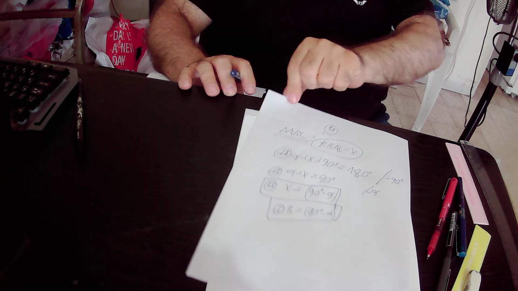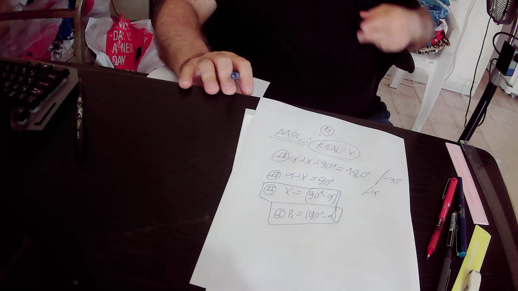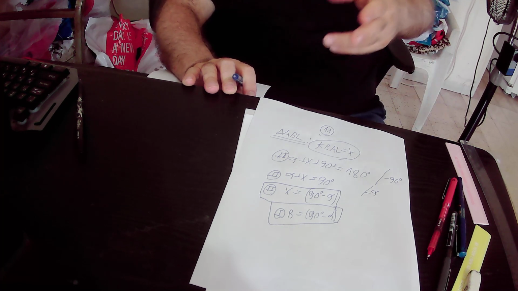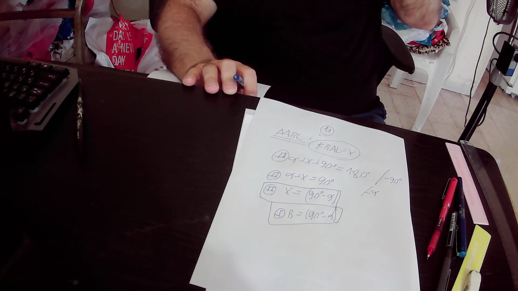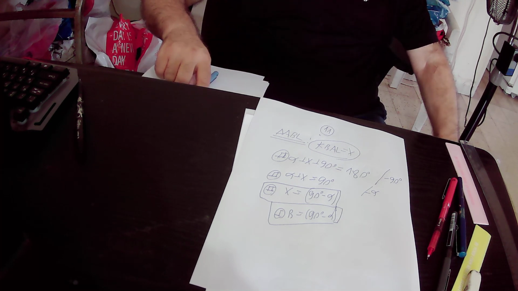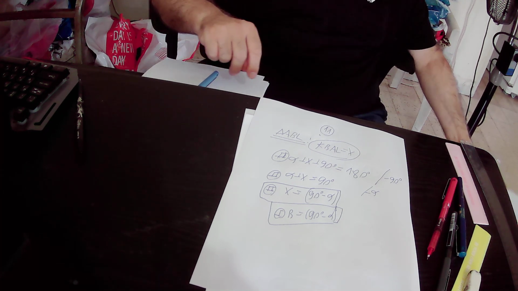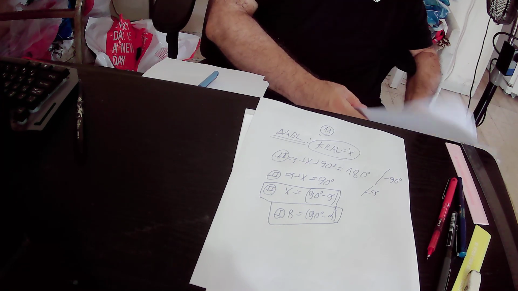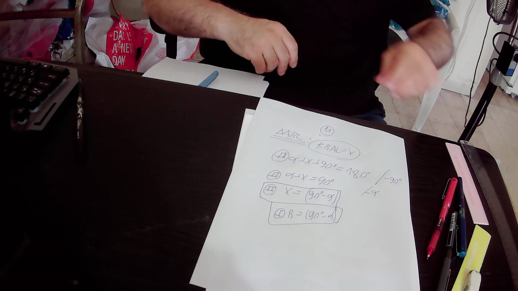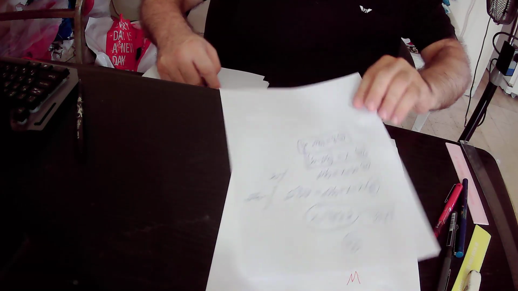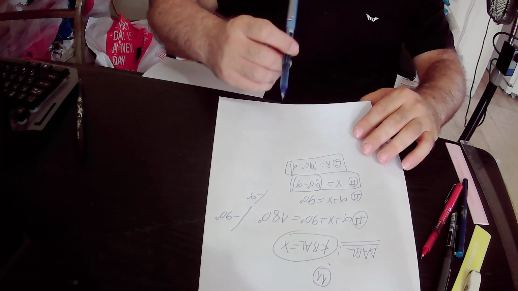So we have equation number 2 that states that x equals 90 degrees minus alpha, and equation number 1 states that beta equals 90 degrees minus alpha. Actually, we can integrate those two equations together.